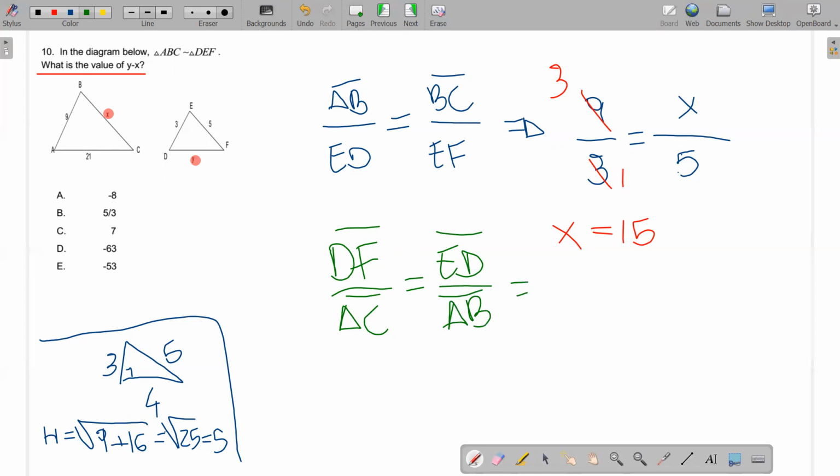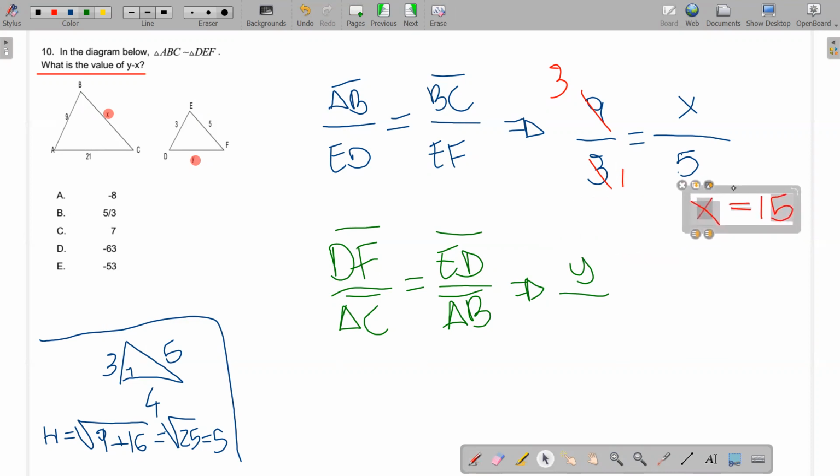So let's put the values here, and it would be DF, what we're looking for, meaning y, over AC, which we know to be 21.